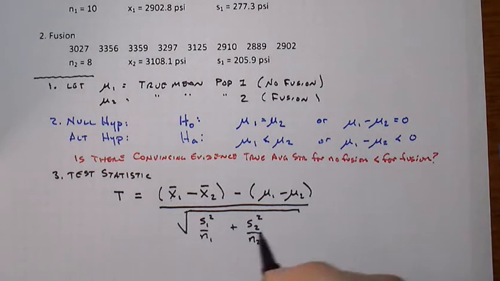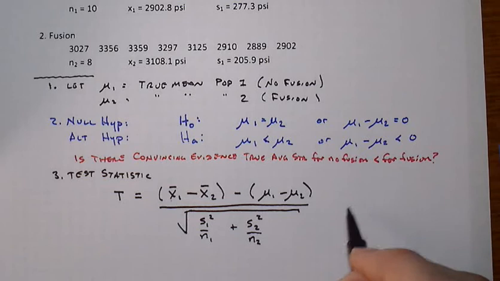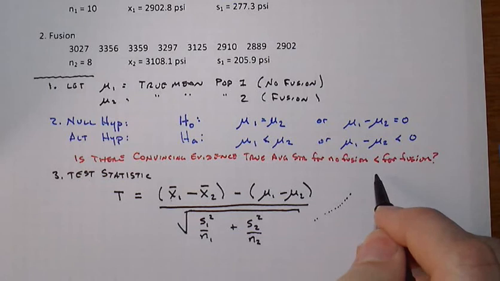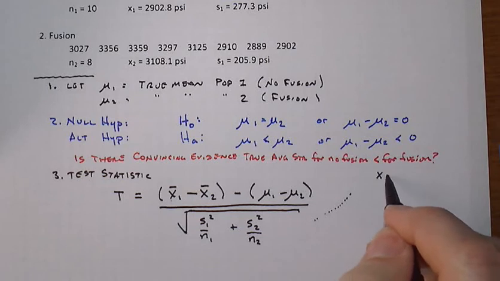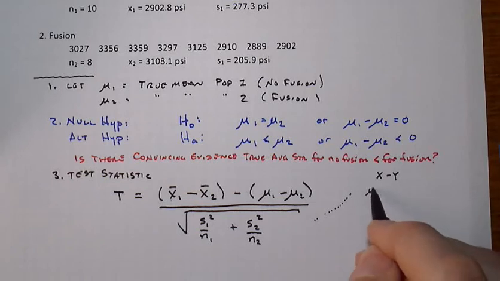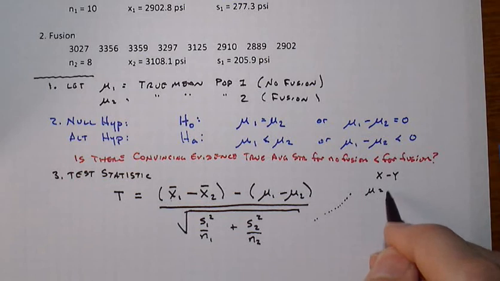And another way to think about where that denominator comes from is go back and think about if I had two random variables, x minus y, a linear function here of two random variables. Well, the mean of that would equal the mean of x minus the mean of y.